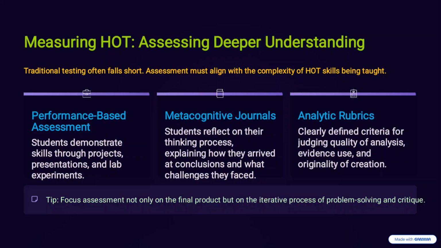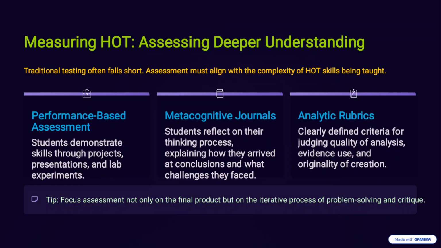Measuring higher order thinking, assessing deeper understanding. Traditional testing often falls short. Assessment must align with the complexity of higher order thinking skills being taught. The first approach of assessment and evaluation should be performance based assessment.